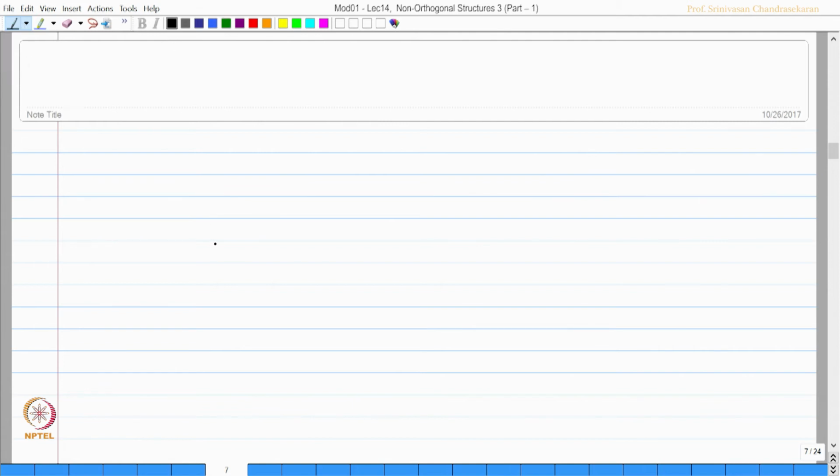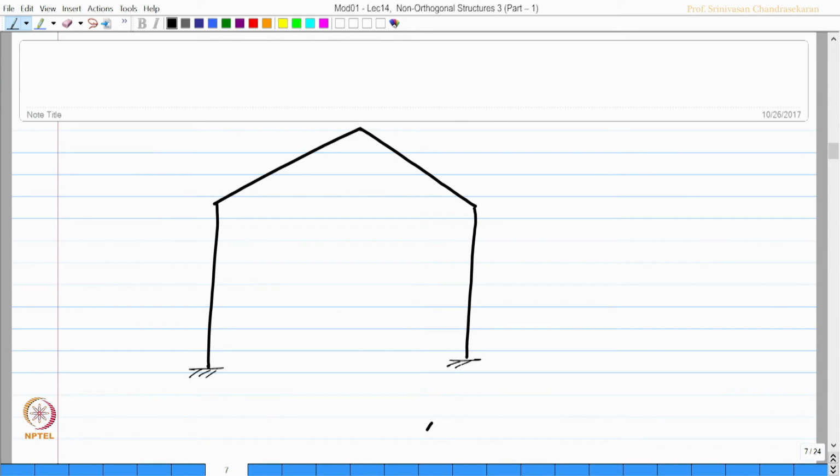I have got a frame which has non-orthogonal members as you see here. Now, I want to mark the reference axis exactly here, x y axis. Now, I want to mark the degrees of freedom. Labeling is different, but let us discuss the degrees of freedom alone.